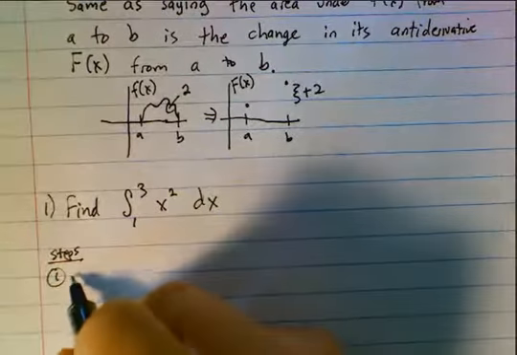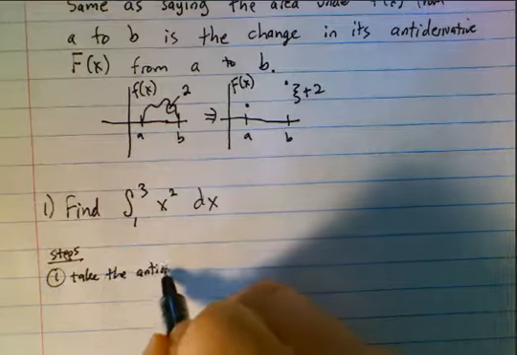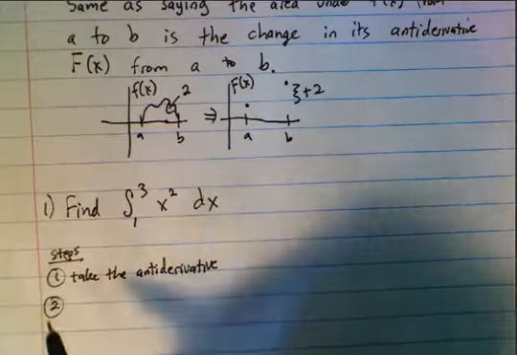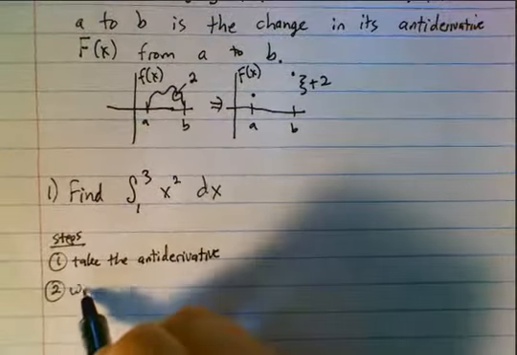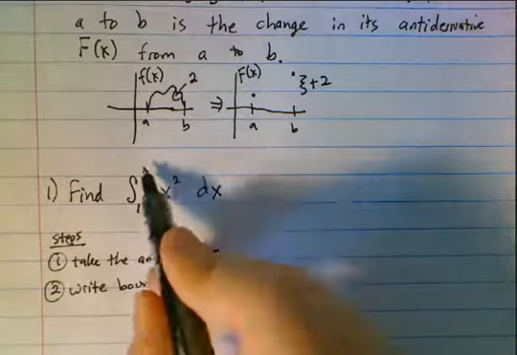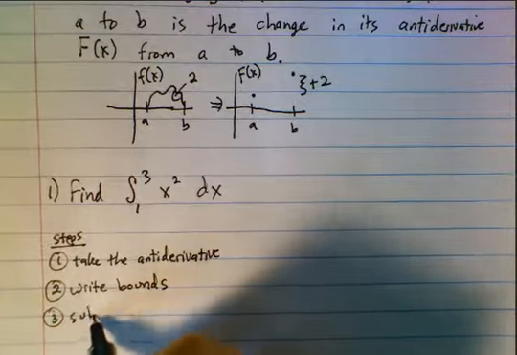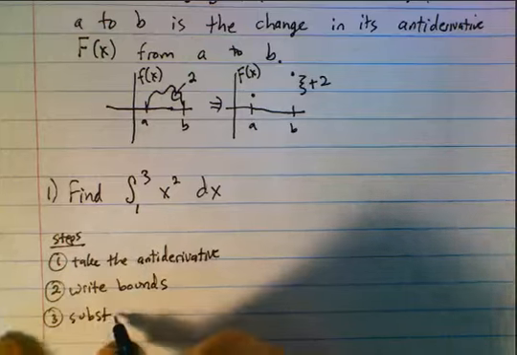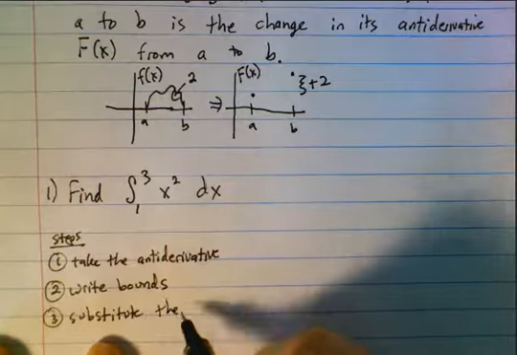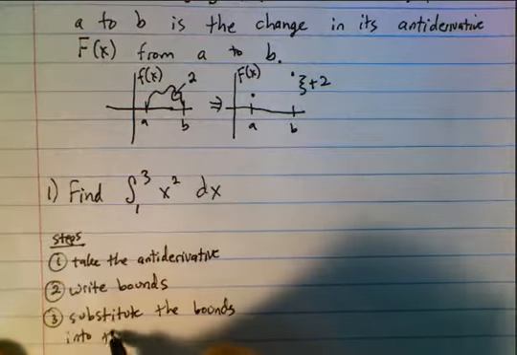First, we're going to take the antiderivative. Then we're going to write our bounds. So the bounds are the numbers right here. Then we're going to substitute the bounds into the antiderivative.